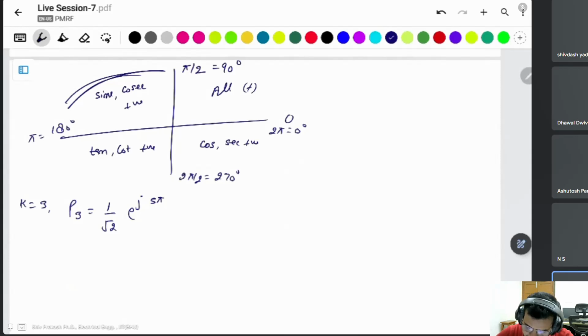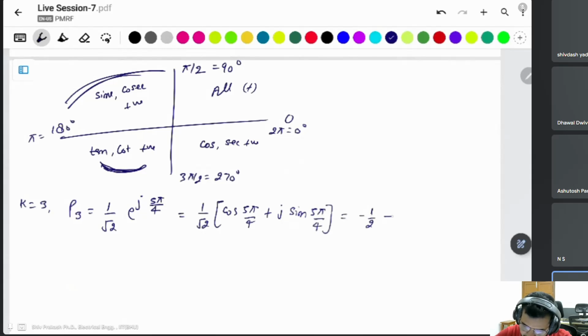Oh, sorry, this is not 3 pi by 2, it is 5 pi by 4. 5 pi by 4 lies in the third quadrant. That's why both cos and sine are negative. Then 1 by root 2 cos 5 pi by 4 plus j sine 5 pi by 4. Both are negative. It means minus half, 1 by 2 minus half j by 2.